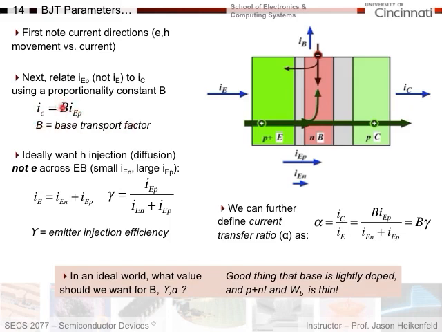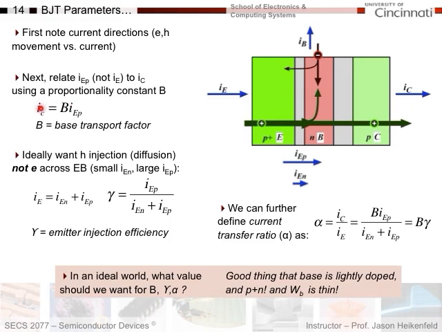This is an efficiency of transporting holes across the base to the collector. Here come the holes, okay? I'm transporting them across the base, and if I have a very high efficiency, which is what I want, most of the holes will make it across to the collector. Okay, so this gives me how many holes that are emitted turn into how many holes that are collected.